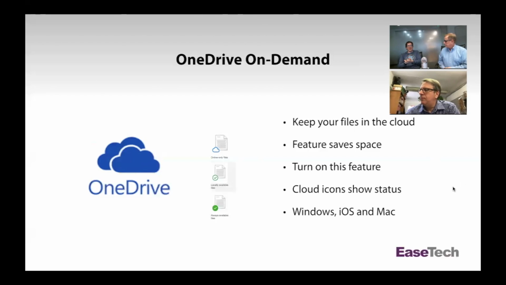But it doesn't necessarily sync or download everything to your computer. So the great thing is you have quick access to your stuff through SharePoint without having to navigate through a browser or re-sign in or do all these other things just to get to a file. But you're not pulling everything down to your computer and bogging it down with hundreds of gigabytes of everything your company has ever worked on.